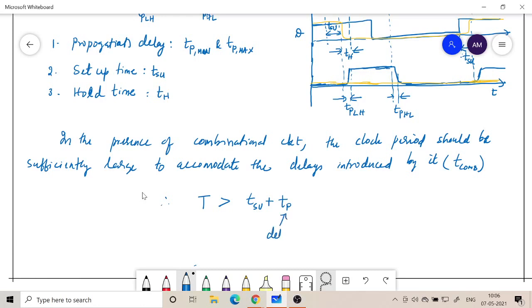I am going to take the max of this, and then plus, I should rather write, maximum of T comp.